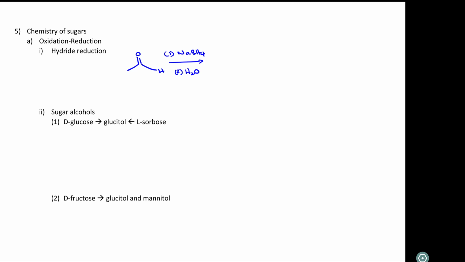What you'll end up with is a hydrogen added there and a hydrogen there, and you'll end up with an alcohol. So if it's an aldehyde, it'll be a primary alcohol. Ketones will give you secondary alcohols.